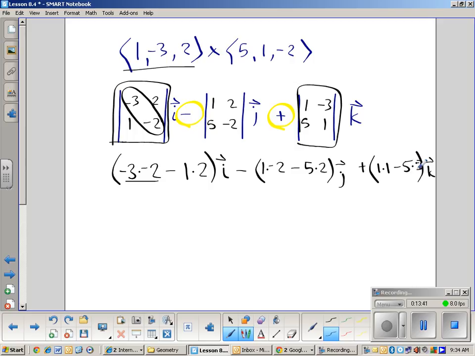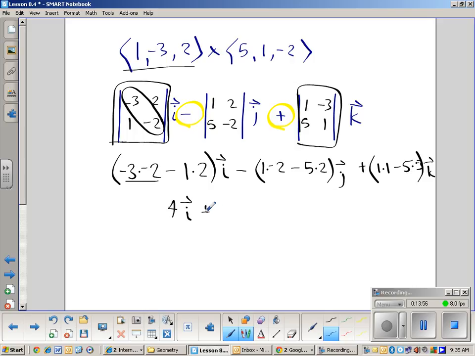So if we simplify that, 6 minus 2 is 4i, minus negative 2 minus 10, which is negative 12.